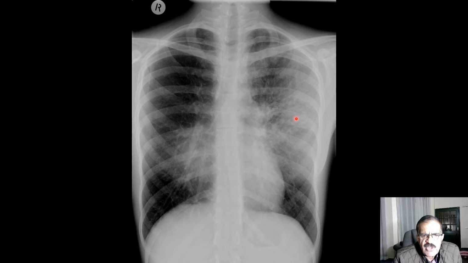Similar or somewhat similar appearance may be seen in pulmonary edema, but in that case you would expect heart size to be slightly bigger, and you would also expect these infiltrates to be typical butterfly. I don't see that pattern here, so this is, I think, in my opinion, bilateral pneumonias.